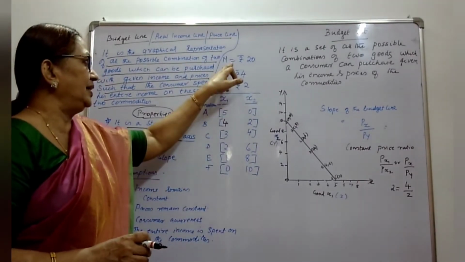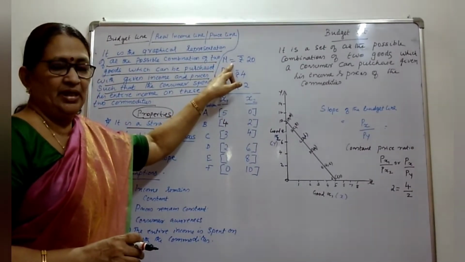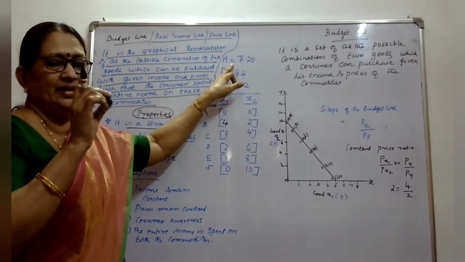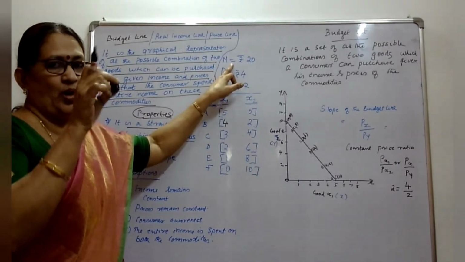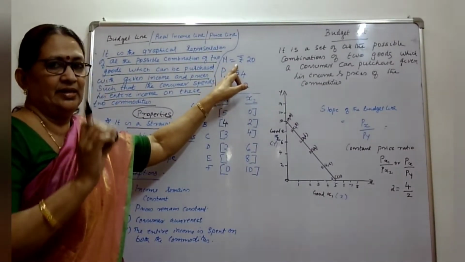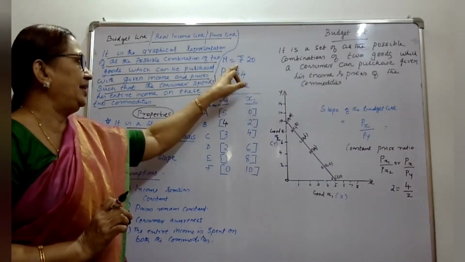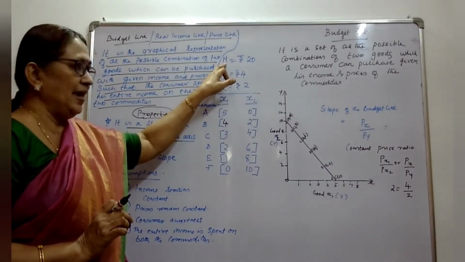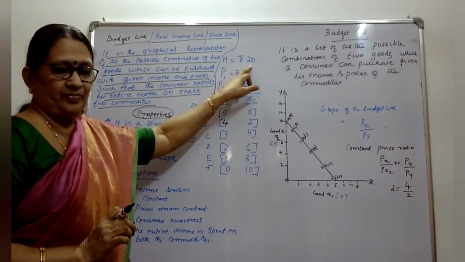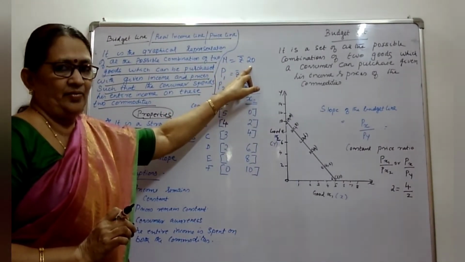So what is his income according to this example? Income is denoted by the symbol M here. Actually in economics, the symbol for income is Y, which we use especially in macroeconomics. But here I have given the symbol M, that is 20 rupees. 20 rupees is the income of the consumer.